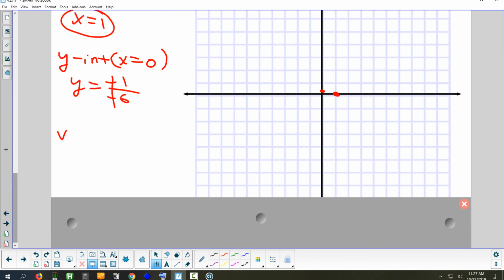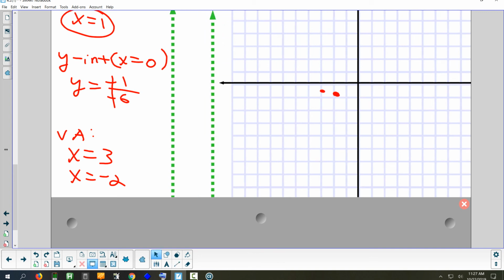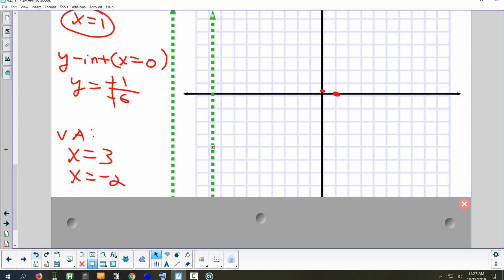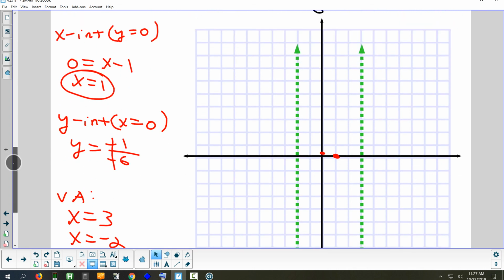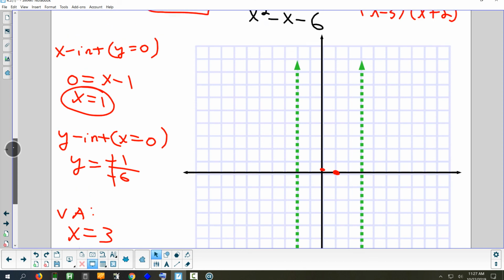Yep, so let's make those. Remember, vertical, x equals. So let's put dotted lines in at those. So we've got one at 3, if I can move. There we go. So one at 3 and one at -2. And they should go on forever, but that's as tall as I made them.